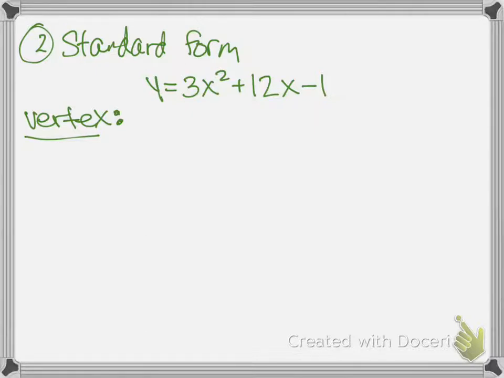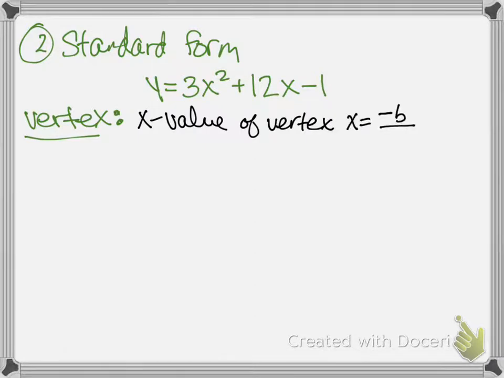The other way you can find the vertex is using a little mini formula. To find the x value of the vertex, you want to use the mini equation negative b over 2a. The b and the a you take directly from your equation, and then to find the y value of the vertex, you're going to plug that x value into the equation.